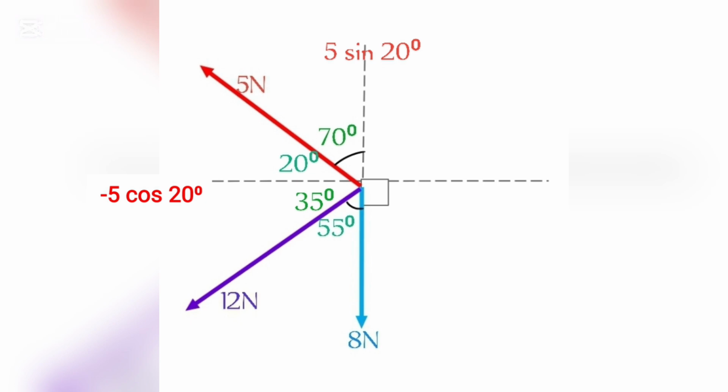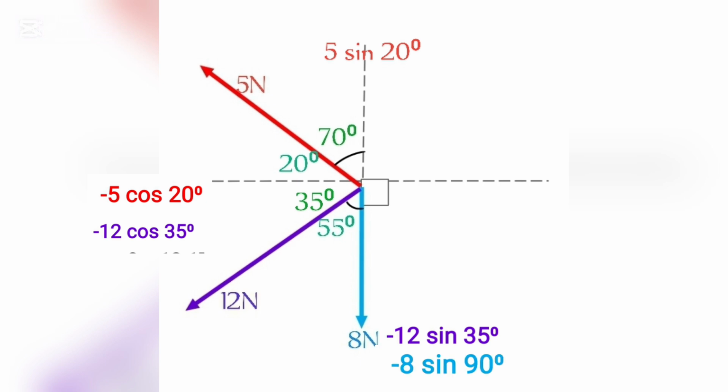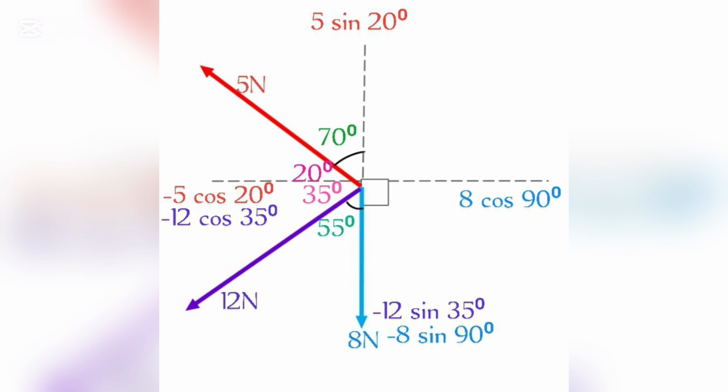If we resolve 12 Newton to the horizontal, we have minus 12 cos 35 degrees. If we resolve 12 Newton to the vertical, we have minus 12 sine 35 degrees. We'll take 8 Newton. If we resolve 8 Newton, vertically we'll have minus 8 sine 90 degrees. Horizontally, we will have 8 cos 90 degrees.